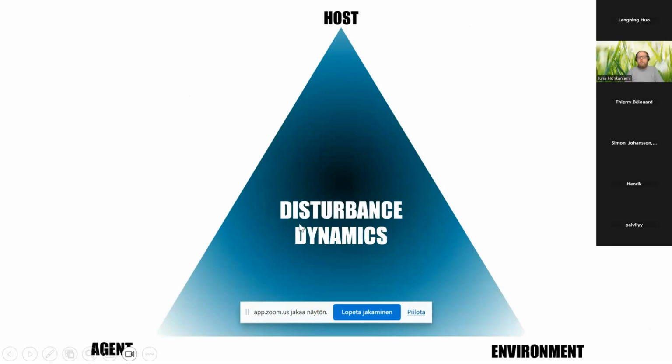So if we consider disturbance dynamics in general, we require the agent, whether that's biotic or abiotic, and that agent should have a host to have an impact, and both of them will be affected by the surrounding environment. And this is how we should see the modeling of different disturbances. We need to incorporate all the aspects, not only the agent, but the host and environment as well.